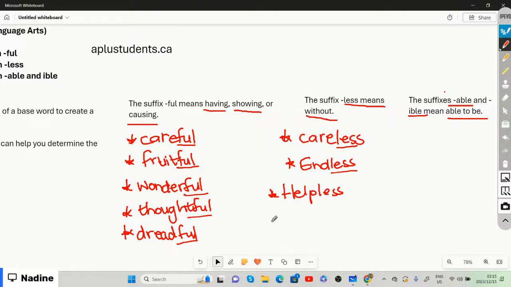Then there's also hopeless, and that is without hope. And homeless.